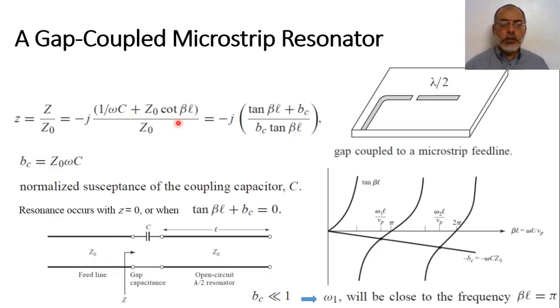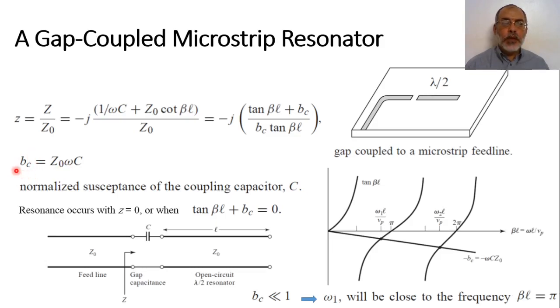We can rearrange this input impedance by multiplying both the numerator and the denominator by tan beta L, and also multiplying both the numerator and the denominator by Z naught omega C. So, in this case, the normalized input impedance can be simply formed as minus j multiplied by tan beta L plus Z naught multiplied by omega C over tan beta L multiplied by Z naught multiplied by omega C. We are going to name that Z naught multiplied by omega C as BC.